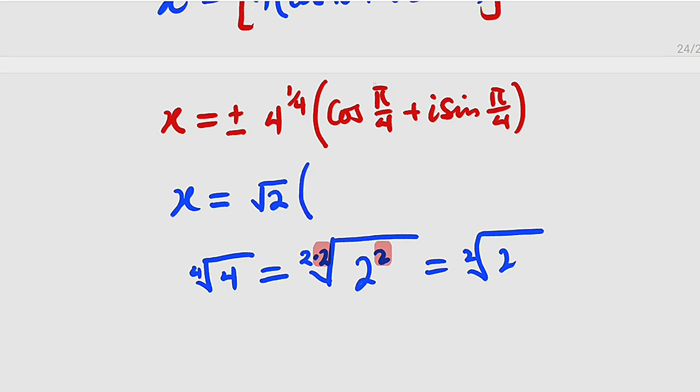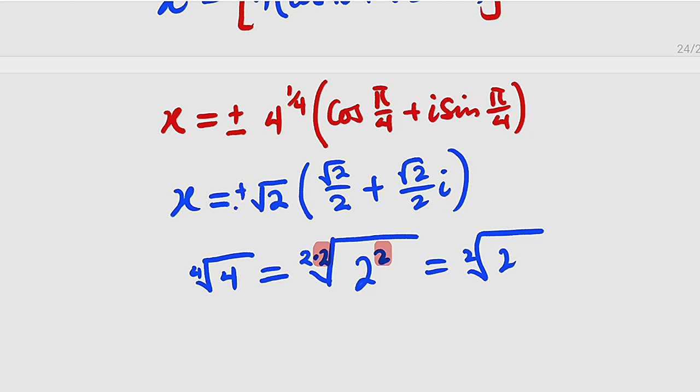Then multiplied by cosine of pi divided by 4, which is nothing but root 2 divided by 2, plus this is also root 2 divided by 2 multiplied by i, so we have root 2 divided by 2 i.